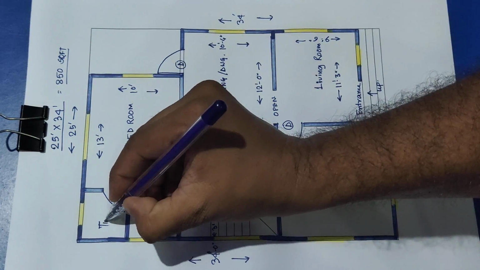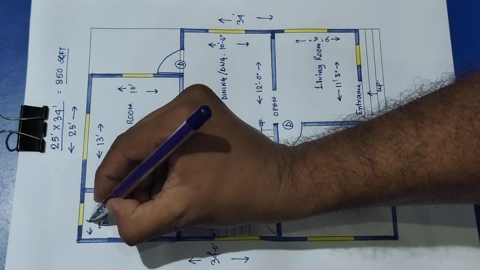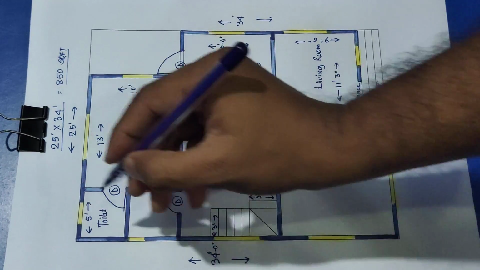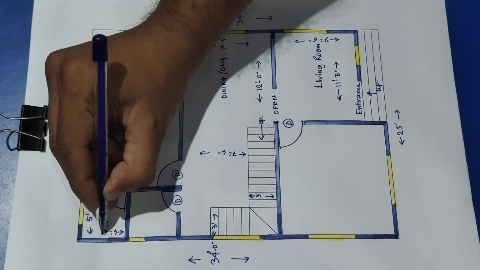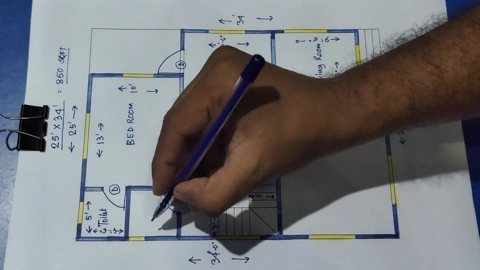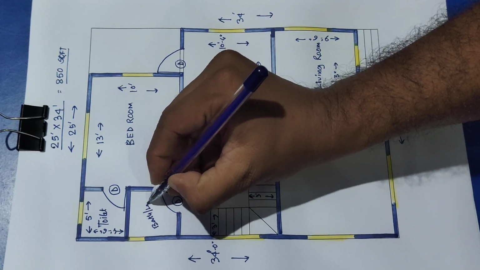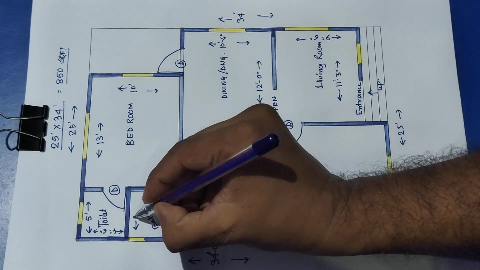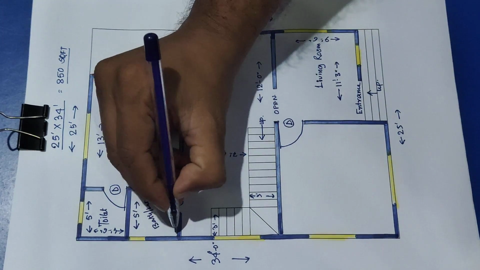Attached toilet, distance 5 feet and 4 feet 6 inch. This is bath and lat, distance 5 feet, and this side 5 feet 1 inch.